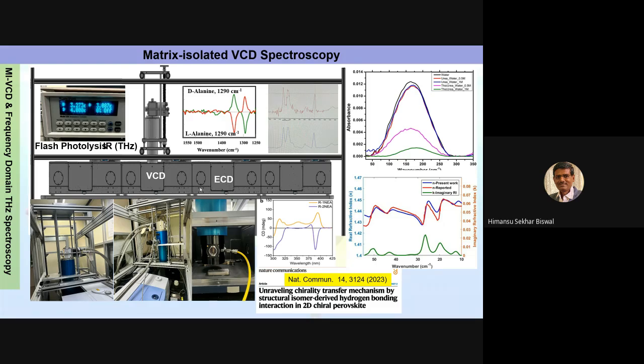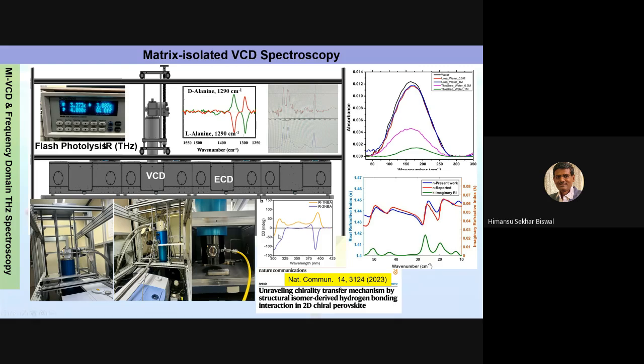Mostly we try to study chiroptical spectroscopy, mostly vibrational circular dichroism and electronic circular dichroism, at the single molecule level. Here we also have options for frequency domain terahertz spectroscopy, and that is very useful for materials chemistry.